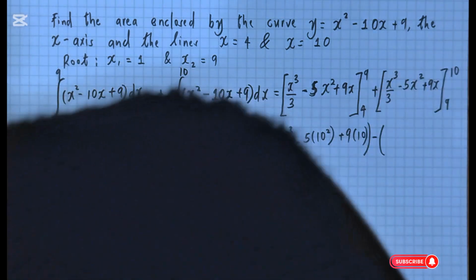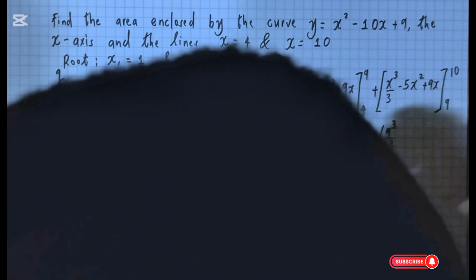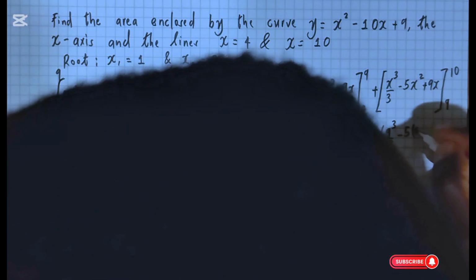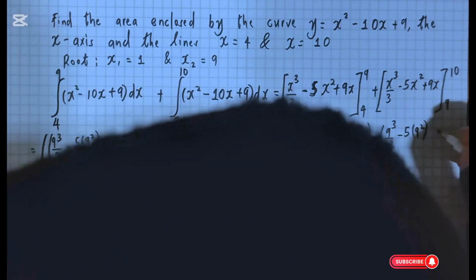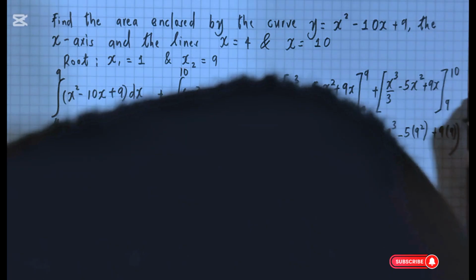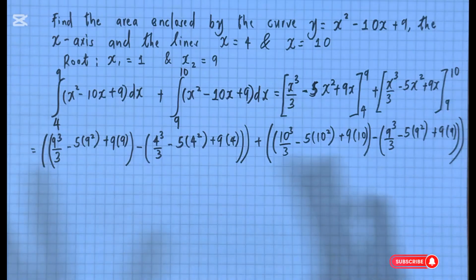The lower limit is 9, so it's going to be 9 cubed all over 3 minus 5 into 9 squared plus 9 into 9, and then we find the difference of all of that.